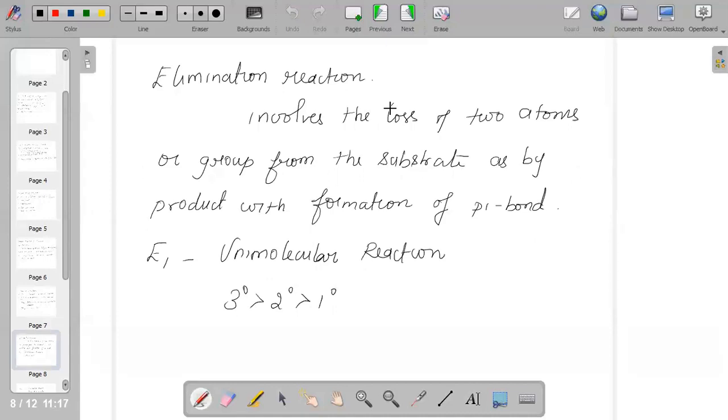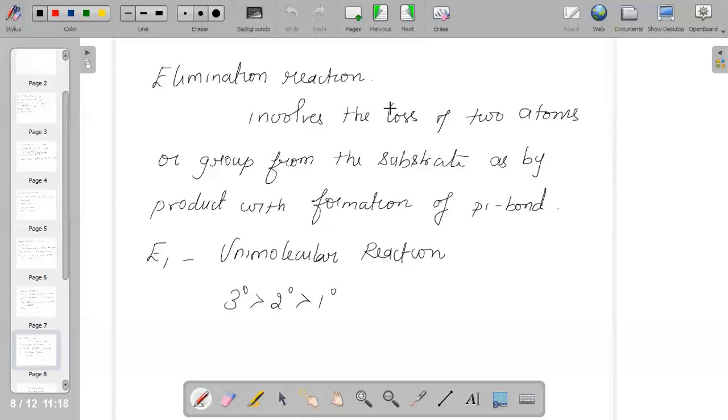This is also known as Walden inversion. The rate of reaction totally depends on the steric bulk of the alkyl group. In SN1 reactions, the alkyl is secondary or tertiary. The solvent can be protic or aprotic, and the reaction takes place to stabilize the intermediate.